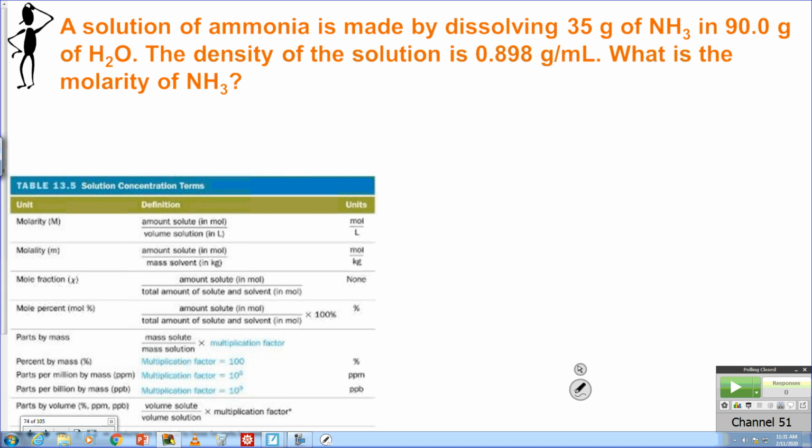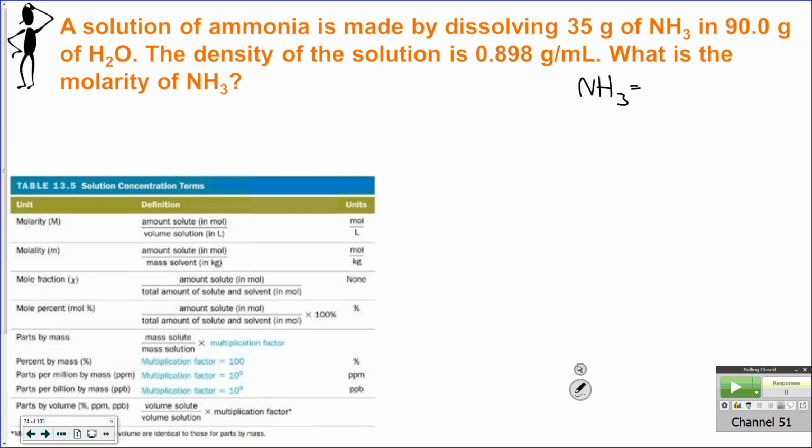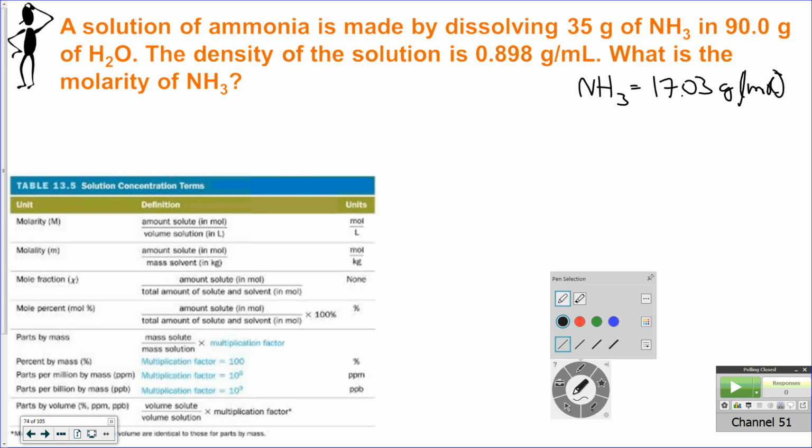So ammonia, NH3, has a molar mass of 17.03 grams per mole. Usually I try to put that in the problem.